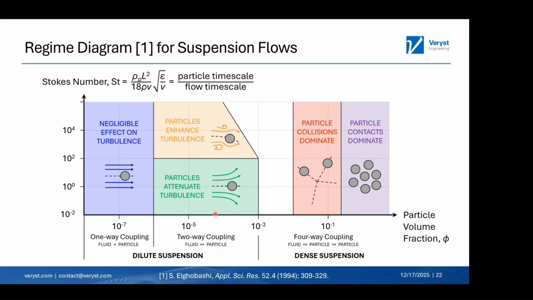As you increase particle volume fractions, interparticle interactions become more and more important, and you have to start to account for not only how particles influence the flow, which is the case of two-way coupling, but also in the most dense suspensions, how particles interact with each other and the flow, so-called four-way coupling.